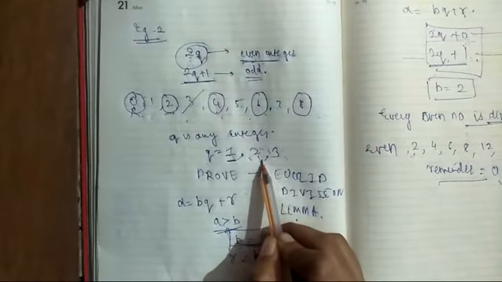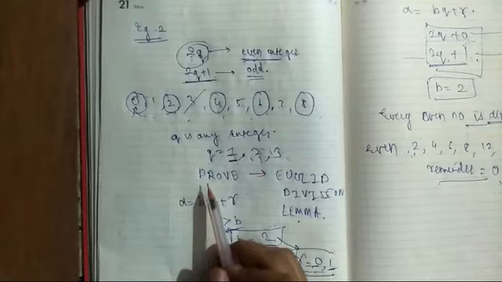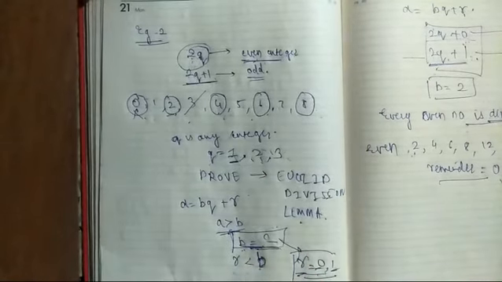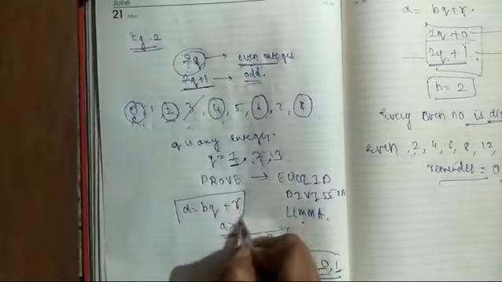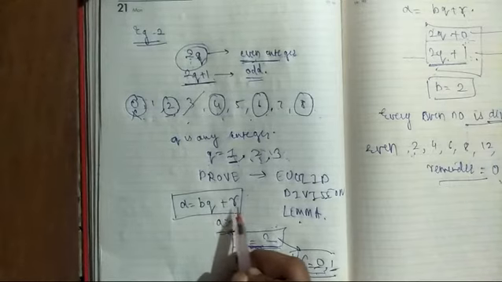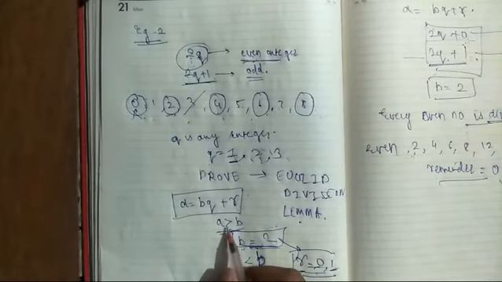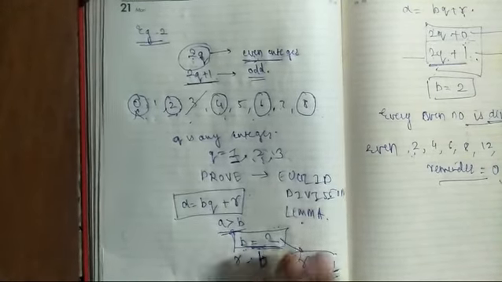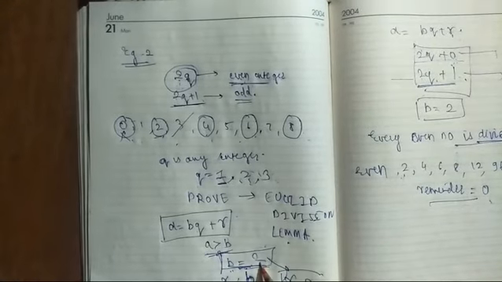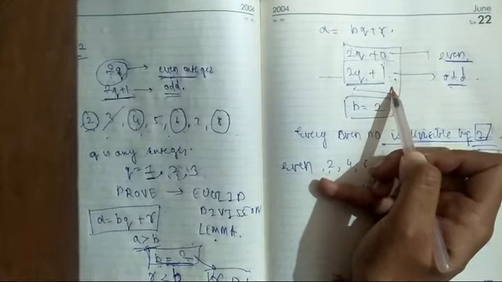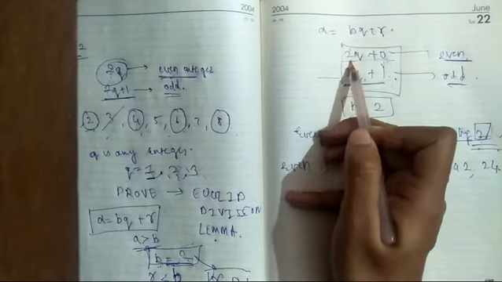We can prove this by Euclid division lemma, by the equation a equal to bq plus r, where a should always be greater than b. Here we took b equal to 2, because of the similarity in these equations.